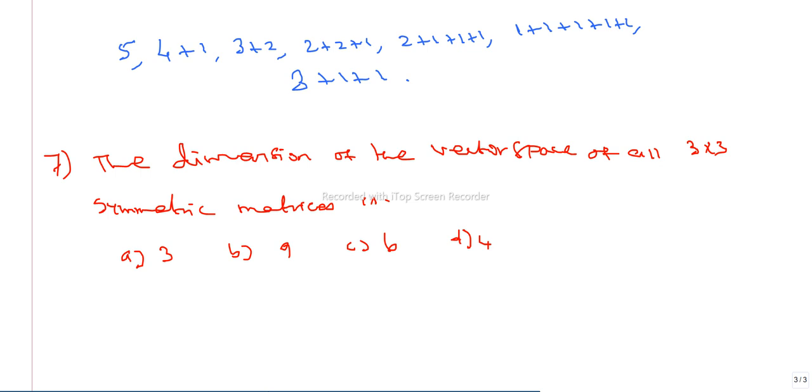So what is the answer? 4, sir. The formula is n into n plus 1 by 2. So n is 3, therefore 3 into 4 by 2, therefore 6. Okay, so 6 is the answer.